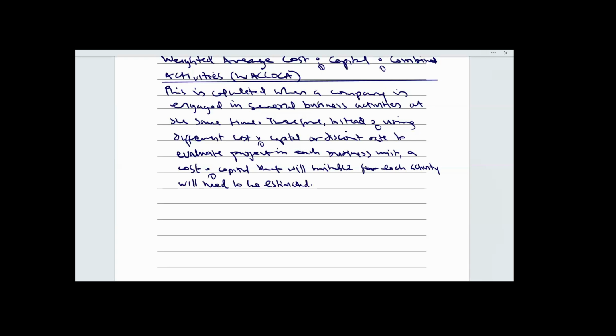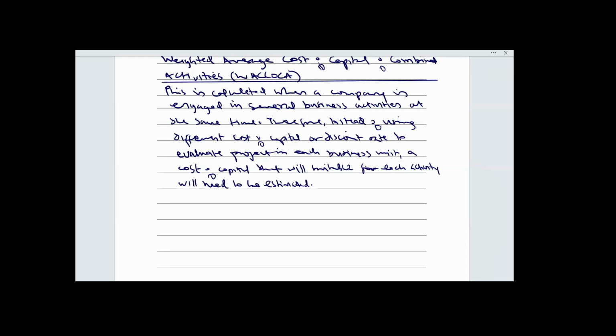All right. So for example, a company may be a manufacturing company, and may also have another business extension, say for example, real estate or education business. Such a company, like Dangote, cannot be using different costs of capital to evaluate projects in its several business segments.